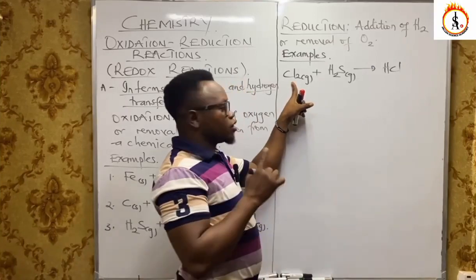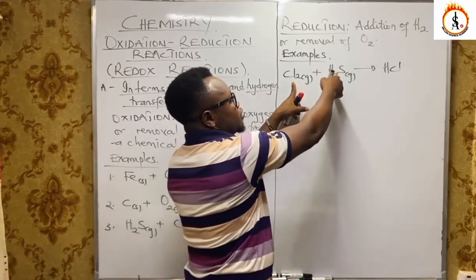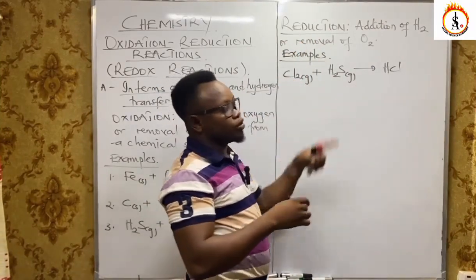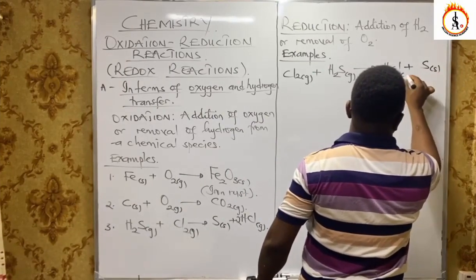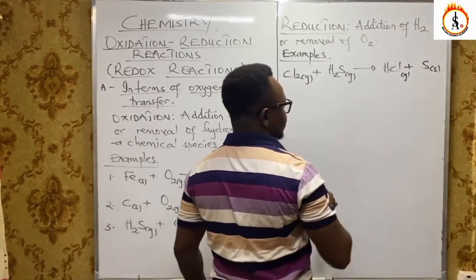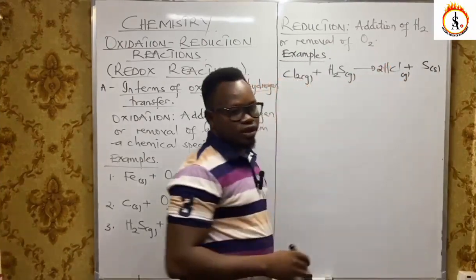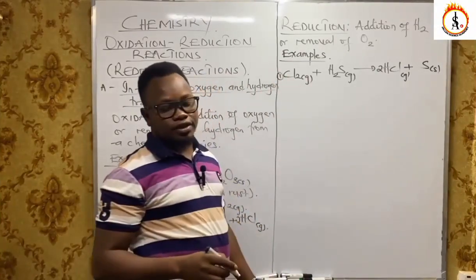So we say chlorine has been reduced, because hydrogen from the hydrogen sulfide has been added to the chlorine. And then you have ordinary sulfur that will remain. This can be balanced by just placing 2 in front of this. This is for the addition of hydrogen.